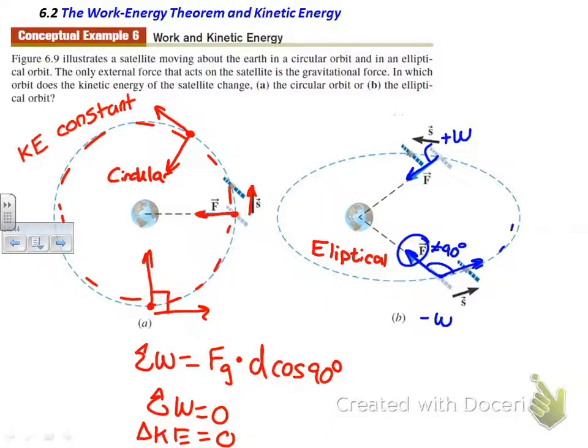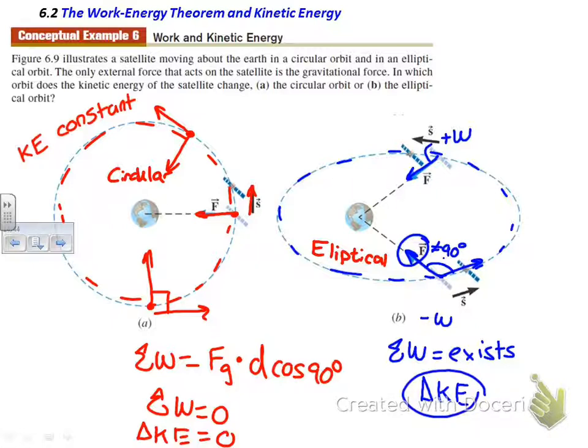So as it moves through the orbit, the net work is not going to be 0. That depends on the angle, which means there is a change in kinetic energy, which means the kinetic energy is not constant. Which is really important when we start talking about Kepler's law, but that comes much later.